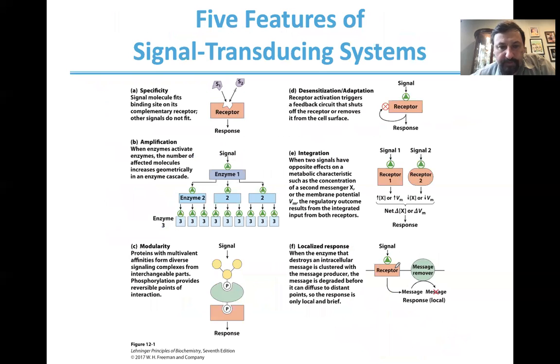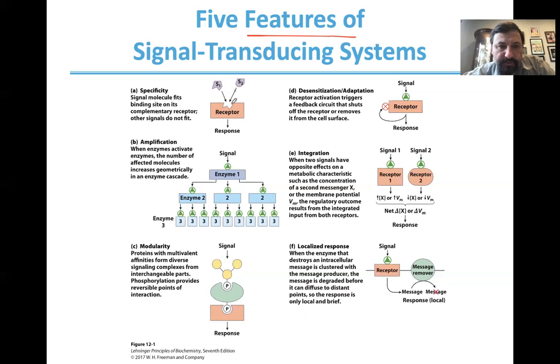All right. So this is a summary of some special features of signal transducing systems. One of them is specificity, right? So you can see here, the receptor has a specific geometry, a specific shape.